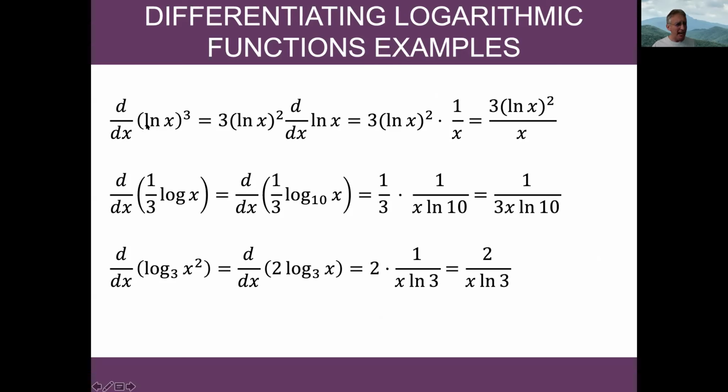The derivative of the outside is you bring the 3 down front, subtract 1 from the exponent, and then you take the derivative of what's inside. And the derivative of what's inside is 1 over x, okay? The derivative of natural log is 1 over x. So you end up with this out front and the x in the bottom. Therefore, the answer is this, okay?